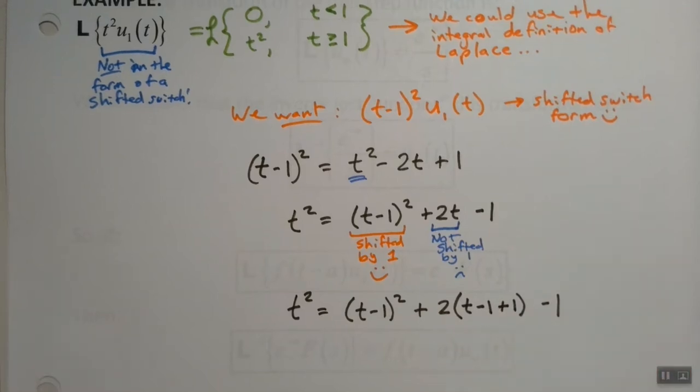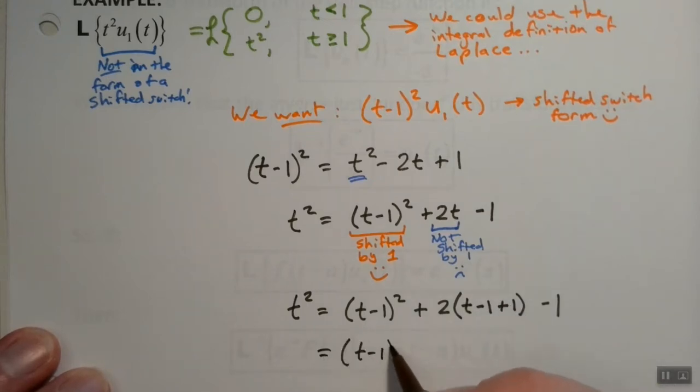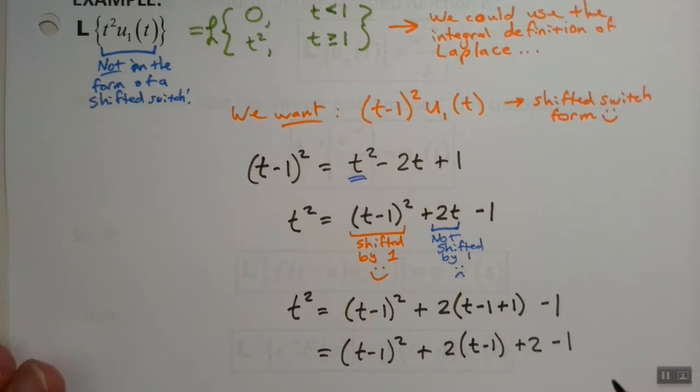And if you're thinking, well, wait a minute, you didn't do anything, you're absolutely right. I didn't change anything. It's still 2t. But now, if I multiply this 2 times the 1, I'll have t minus 1 quantity squared plus 2 times t minus 1 plus 2 minus 1.